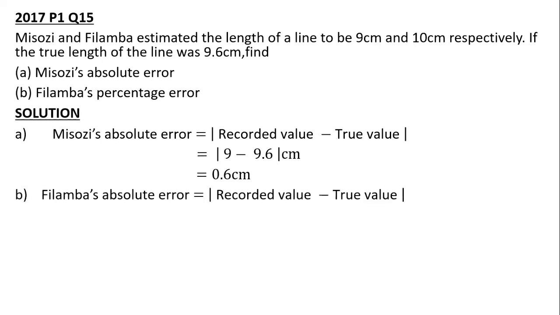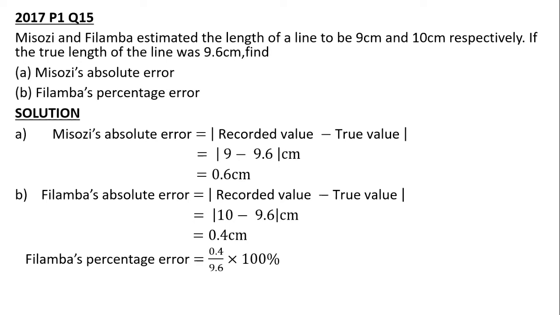Filamba's absolute error is the modulus of the recorded value minus the true value. So Filamba's recorded value was 10 and the true value was 9.6. Filamba's absolute error was 0.4. The question is saying find Filamba's percentage error.